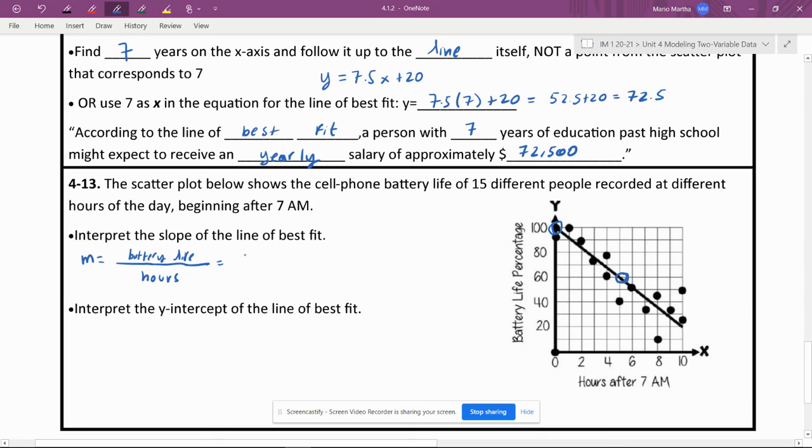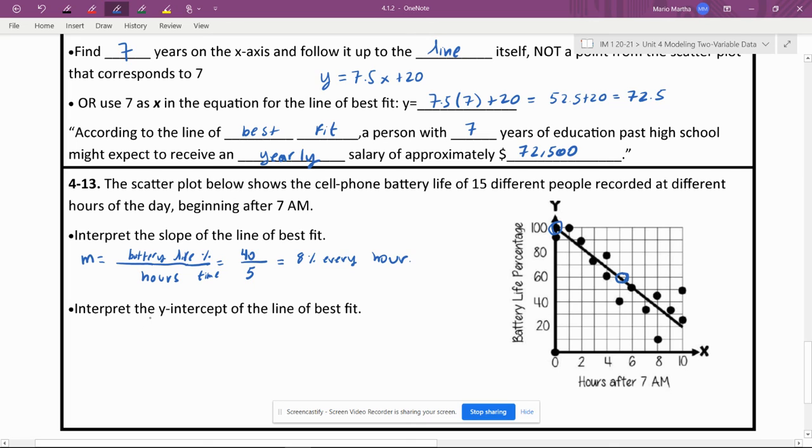Here it goes down 40%. This is a percentage, and this is time. So 40% after 5 hours. So if we simplify that fraction, we can say that it goes down 8% every hour.